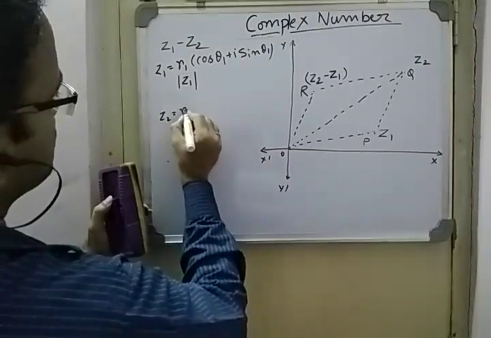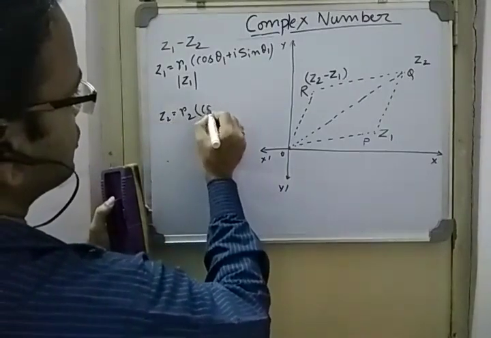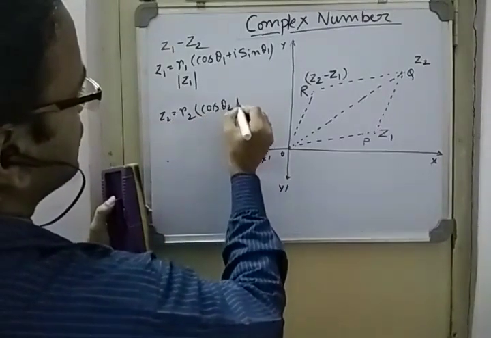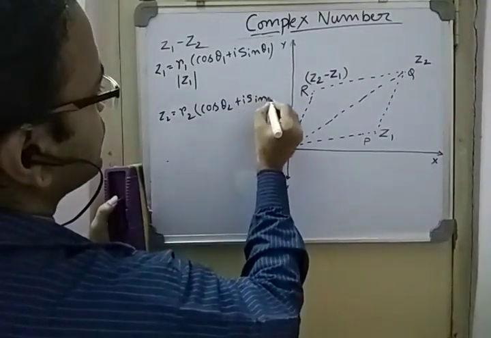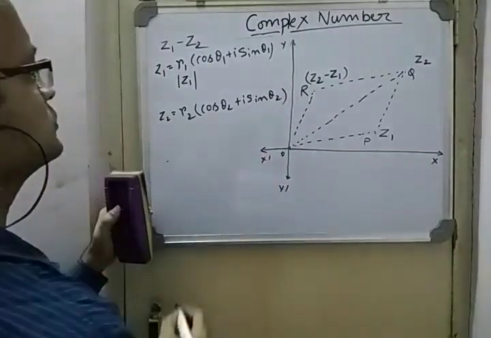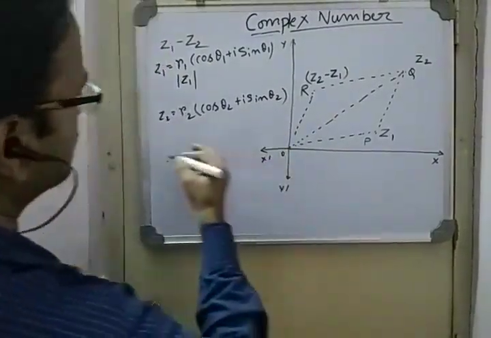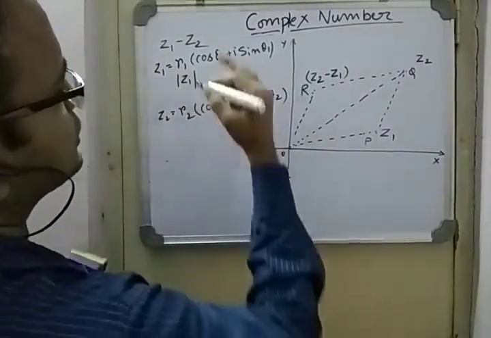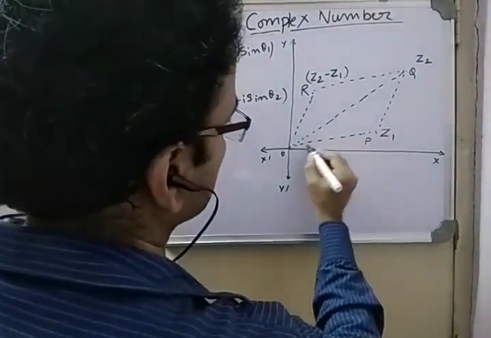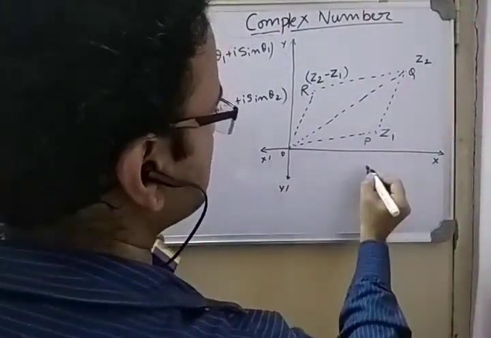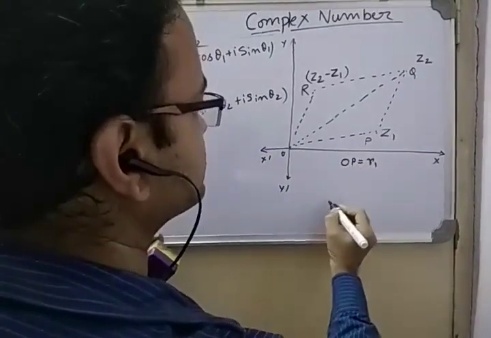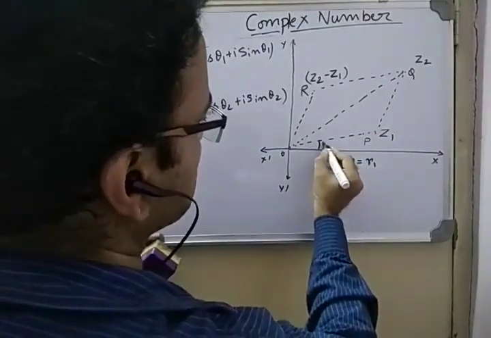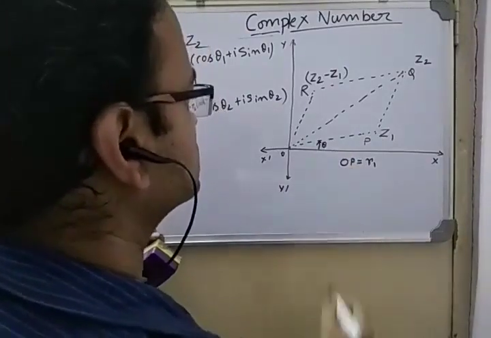Z2 is R2. We will take another modulus and another amplitude, so another angle actually. So if this is R1 theta 1, then OP becomes R1, and theta 1 is this angle.